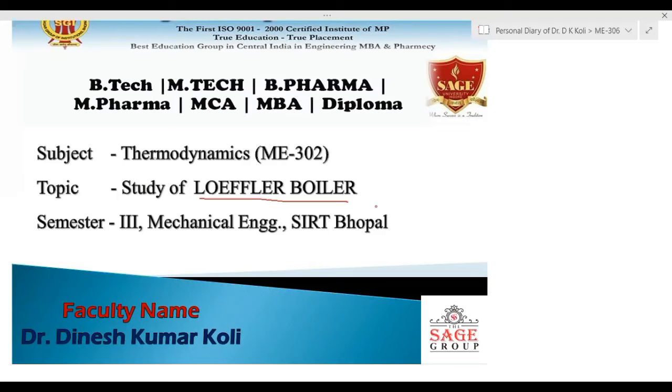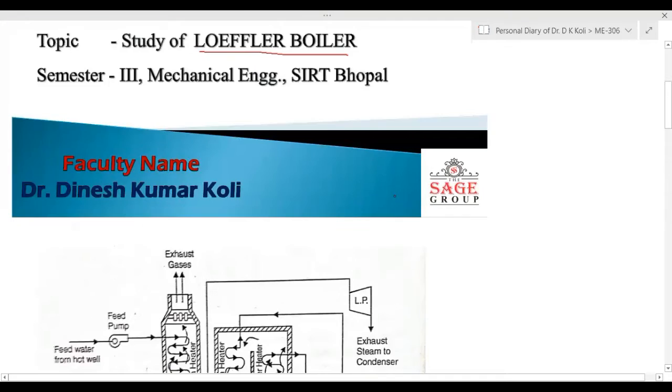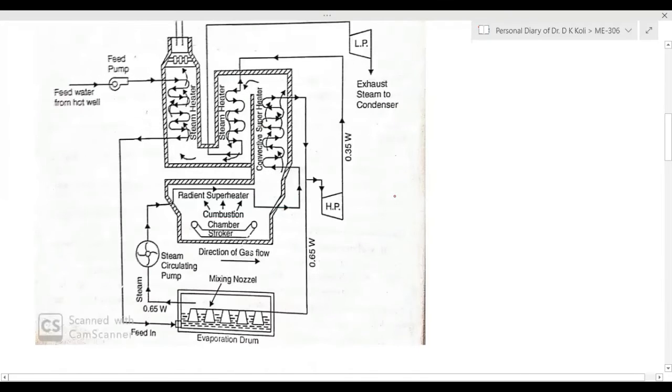So the problem is eliminated, and we also do not use any storage tank or boiler drum in the Benson boiler. Such problems are eliminated, but in different conditions we have to use different types of boiler. So today we are taking the boiler called the Loeffler boiler.